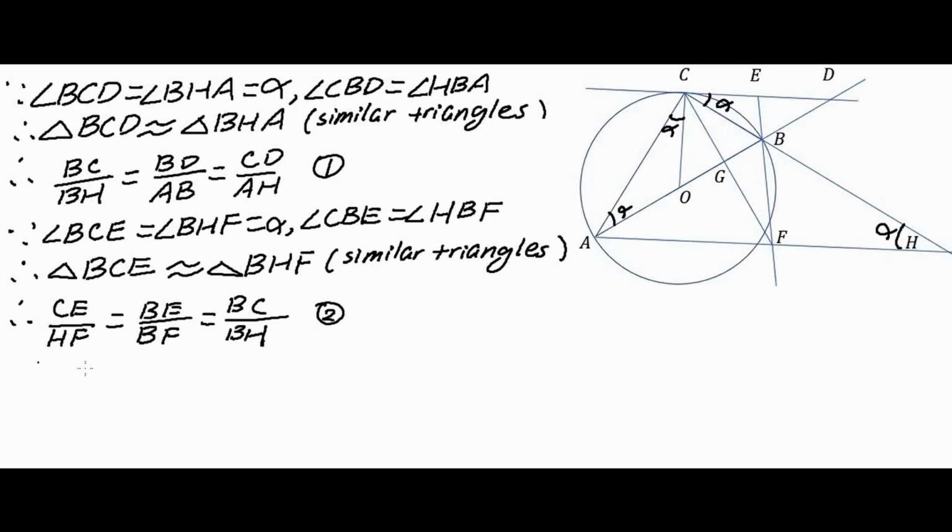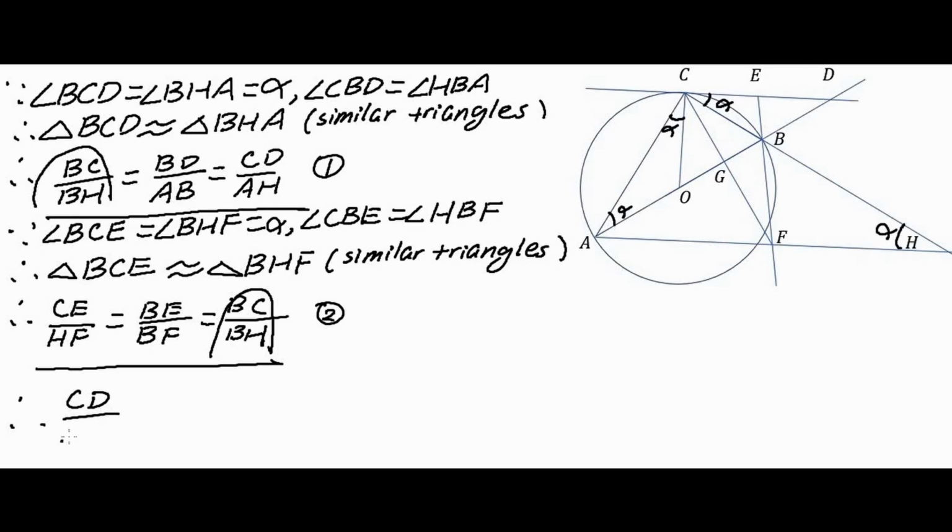Now, looking at the two equations, we see that BC over BH appears twice. This means that we can equate the two equations and show that CD over AH equals BC over BH equals CE over HF, which is equation 3.